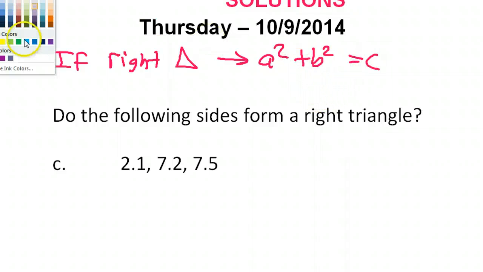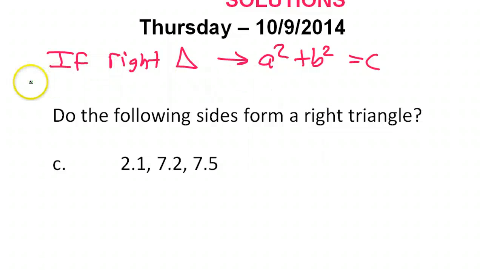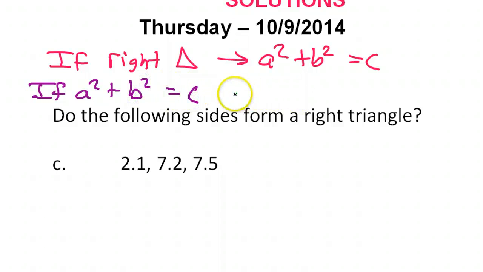Now, the converse of this would be like this. If a squared plus b squared equals c squared, then right triangle. In other words, if a squared plus b squared equals c squared, then it must be a right triangle. If not, then it's not a right triangle.